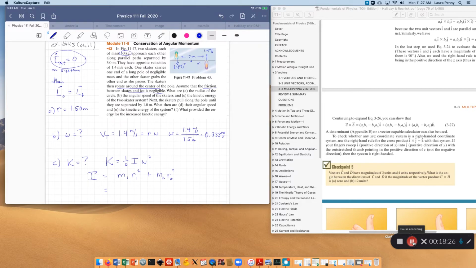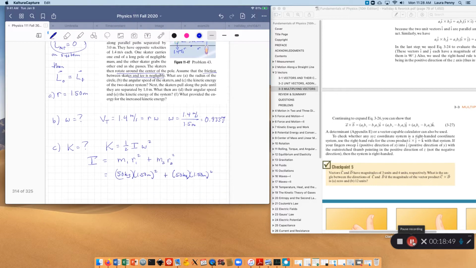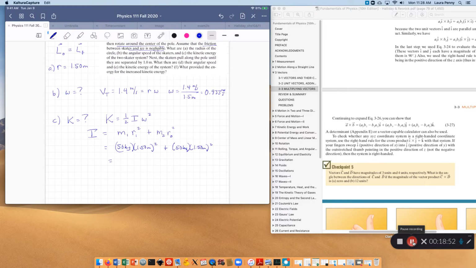So for the first one, I have 50 kilograms, and it is 1.5 meters away from the axis. And then I have the same thing for the second one because they're the same mass and the same distance from the location that they're spinning around. So if I go through and do that, I get 225 kilogram meters squared.